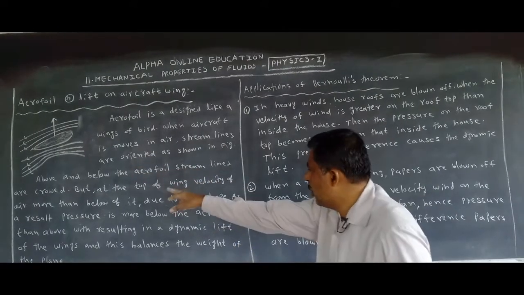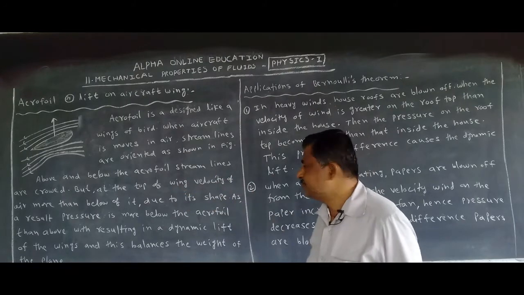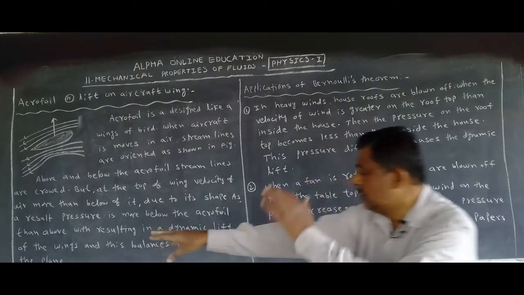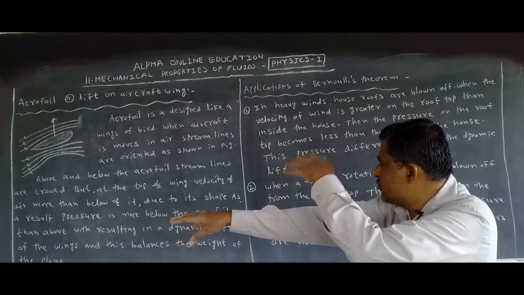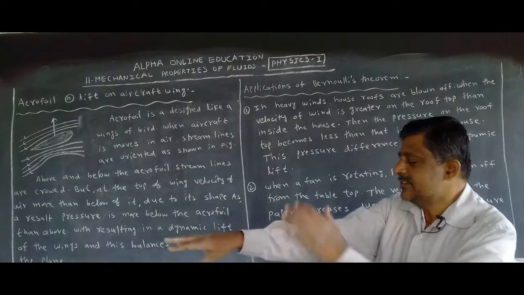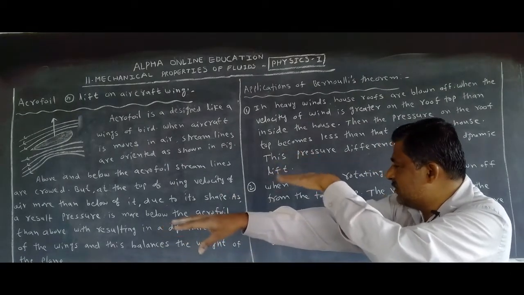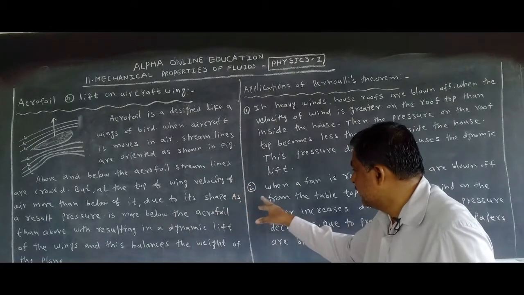This is the top of the wing. The velocity of air at the top of the wing is more than below it, due to its shape.